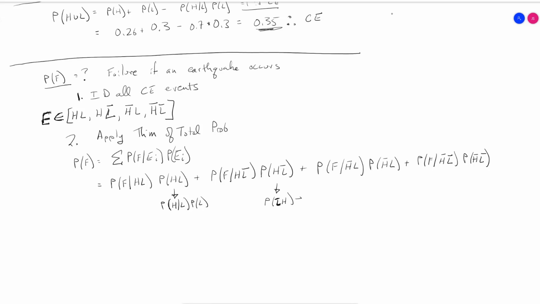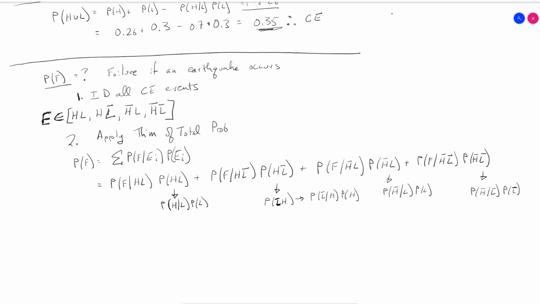Then that's going to give us this: the probability of L given H times the probability of H. Then we have the conditional rule here, the probability of complement H given L times the probability of L. And then finally, the probability of complement H given complement L times the probability of complement L.